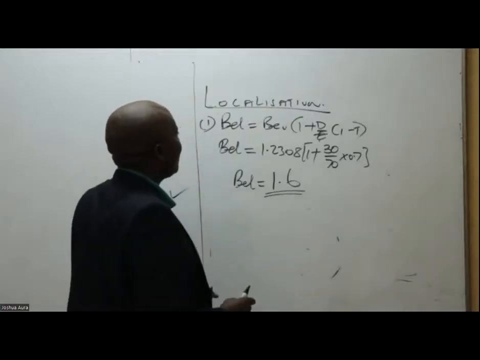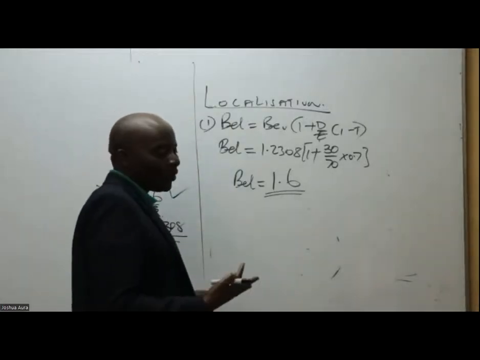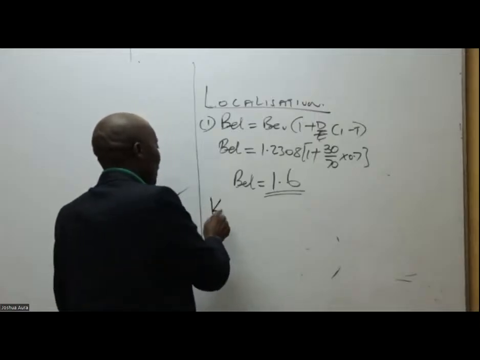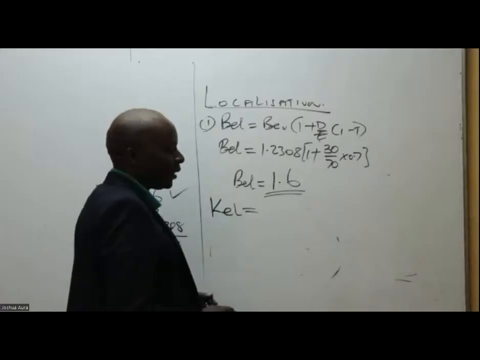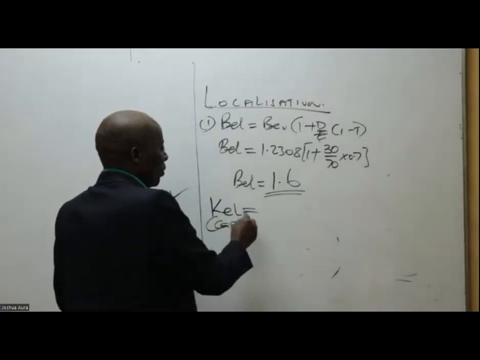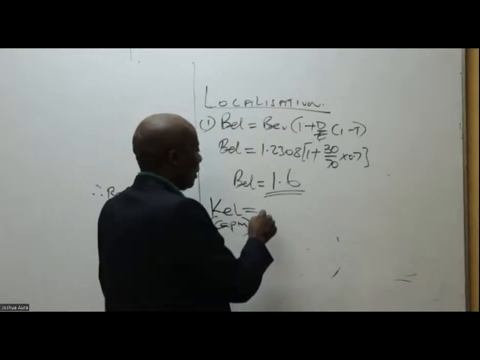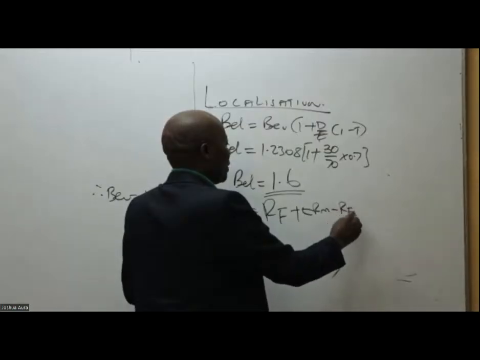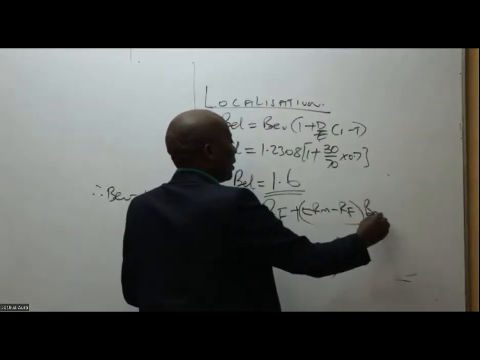So after localization, still on Roman 1, the next thing should be CAL, and we are using CAPM. CAPM is risk-free plus expected return of the market minus risk-free, multiplied by the BEL we have just obtained.